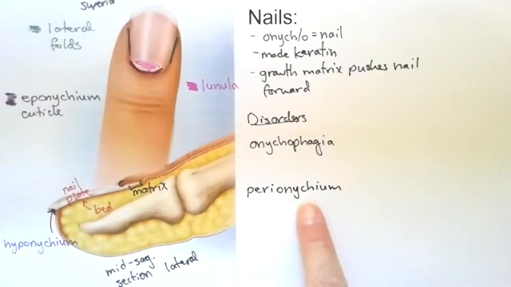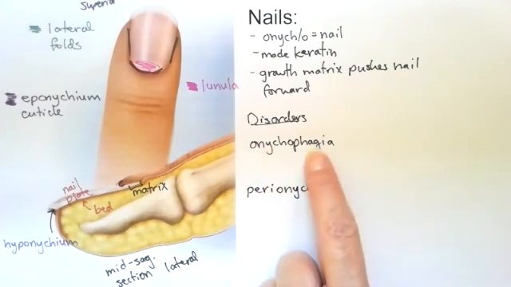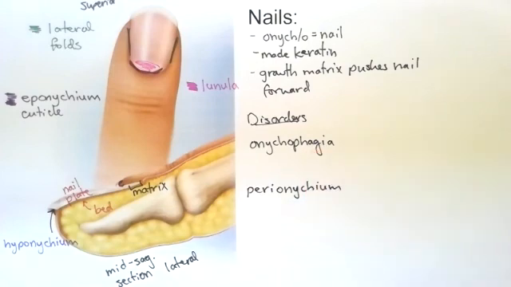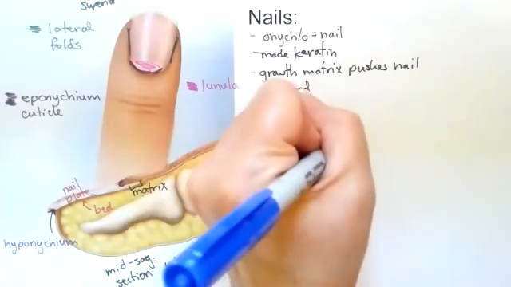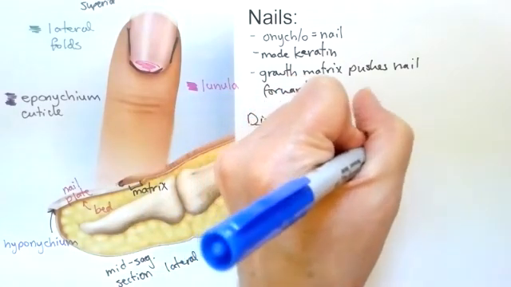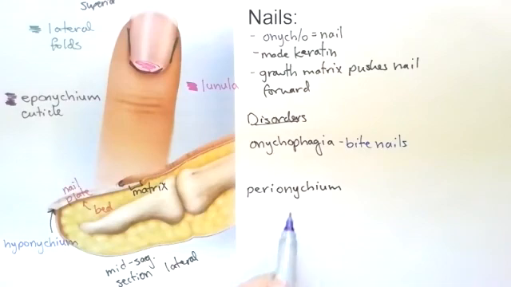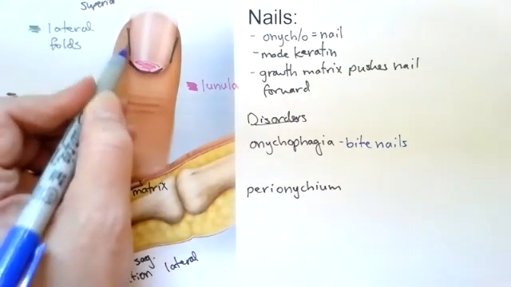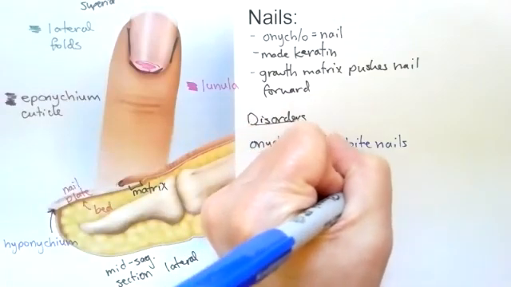Well, you know, these both have to do with nail, right? I believe we've had phago. I think it was on the list for this week. But if we haven't, phago is eat. If you have onychophagia, you bite your nails. If you have perionychium, you have a hangnail. You have a piece of skin over here on the side. So this is a hangnail.